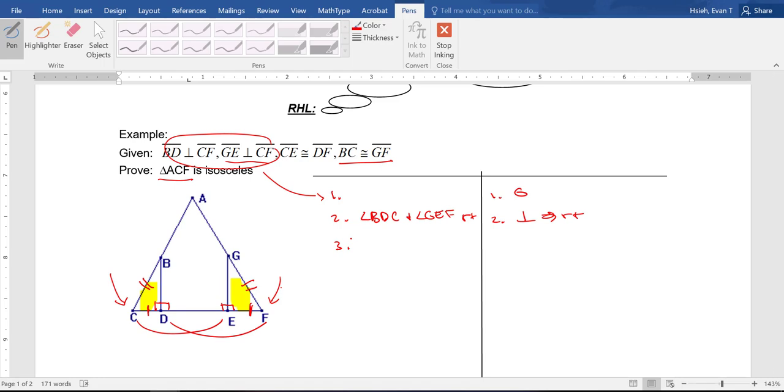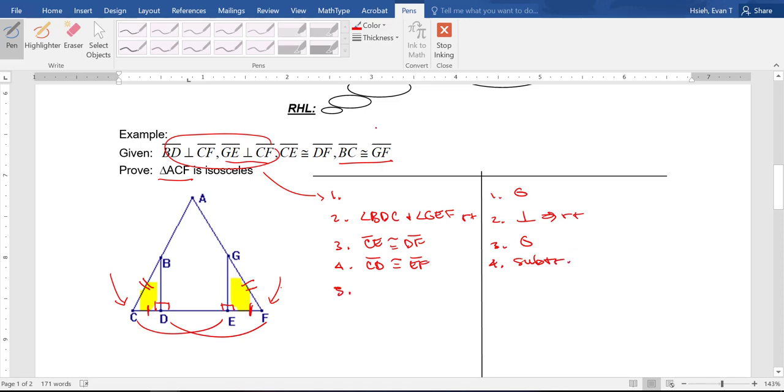You do not need to say right angles are congruent here. For RHL, the condition you need is just that they are right angles. So I'm going to go with CE congruent to DF in the next step. That's given. And since those are overlapping segments, I know that CD has got to be congruent to EF, and that's going to be by the subtraction property.